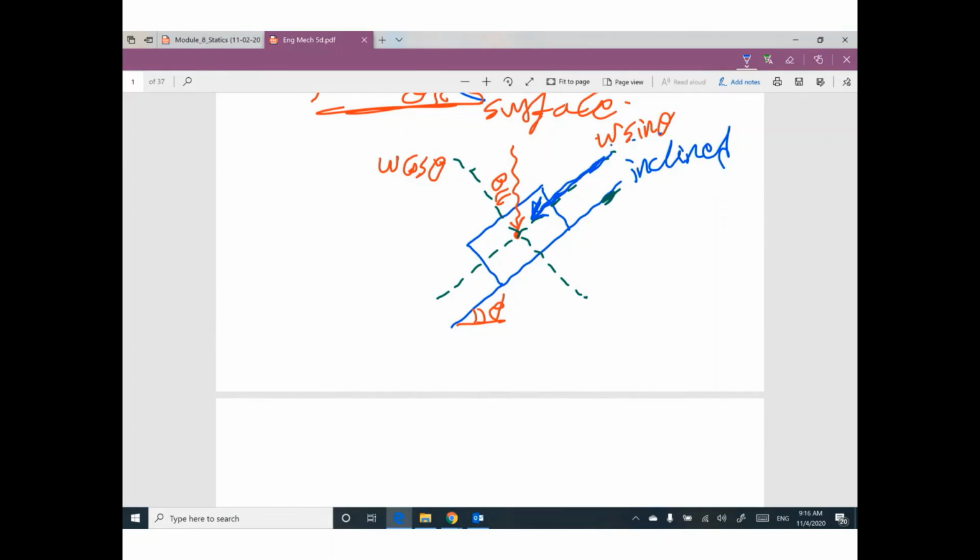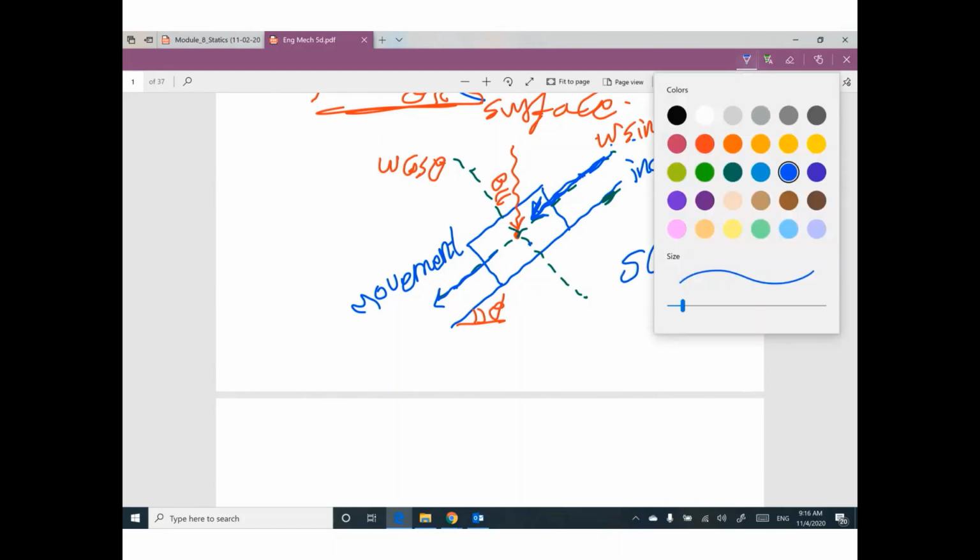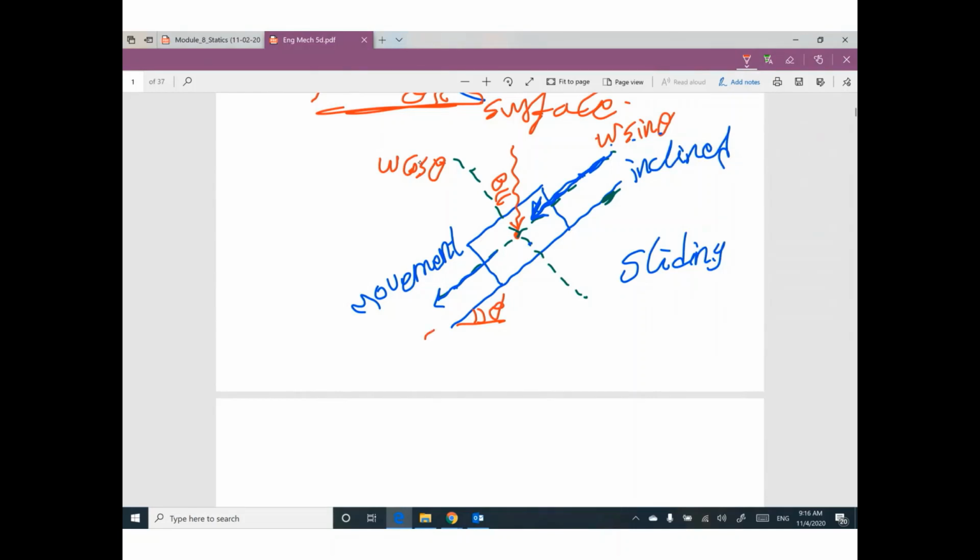This component is pushing this box down, so we expect movement in this direction. We expect sliding. But in the opposite direction at this surface, we have the friction force.